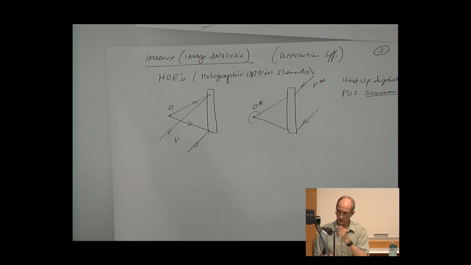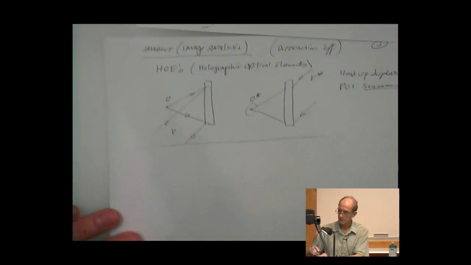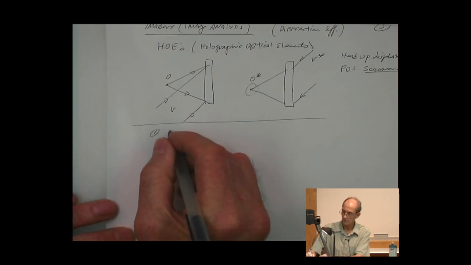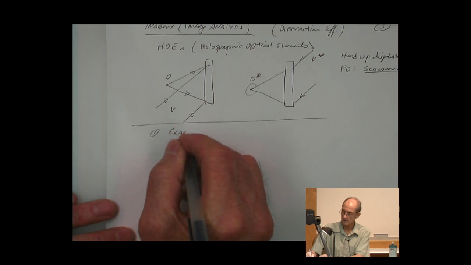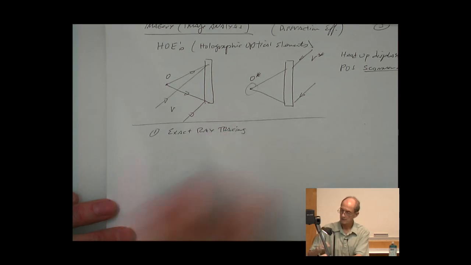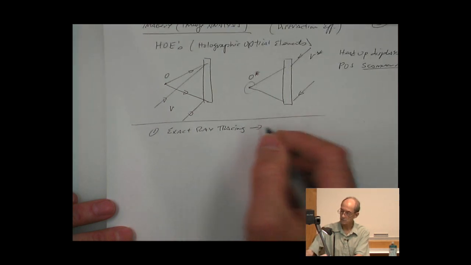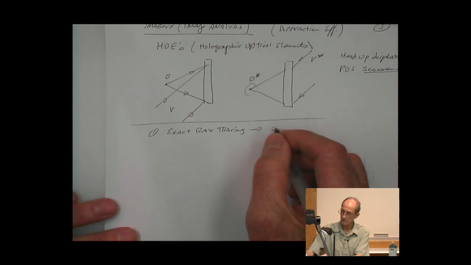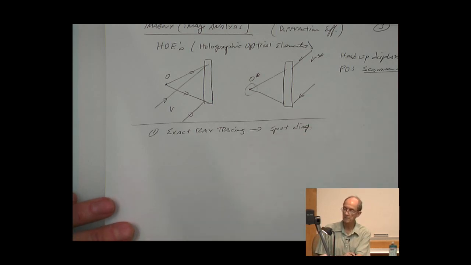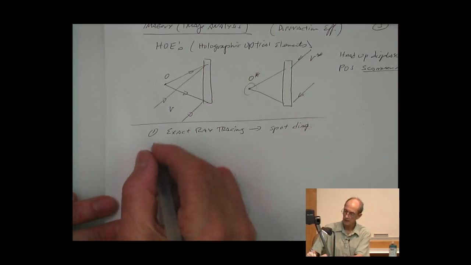Okay, so let's look at image analysis, and there's a couple of different ways that we can analyze holograms. The first one we'll look at is an exact ray tracing method. This is extremely useful for a lot of portrayals of what the hologram will do, and this will give us a number of spot diagrams and other things, just like you would have in evaluating conventional lenses and so forth.